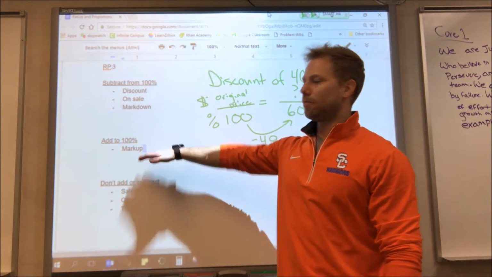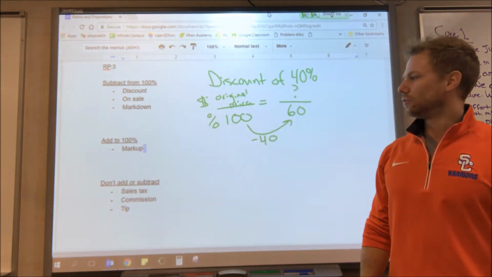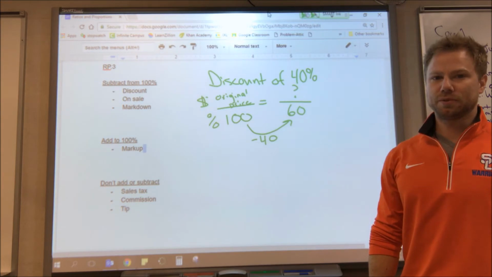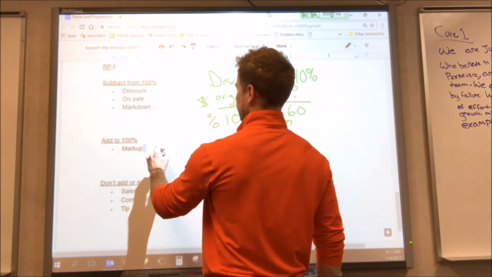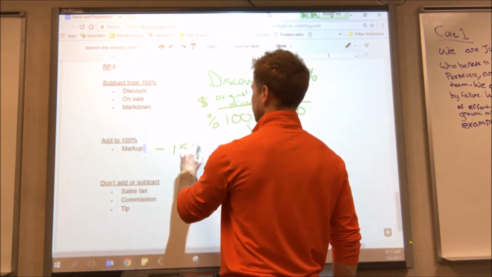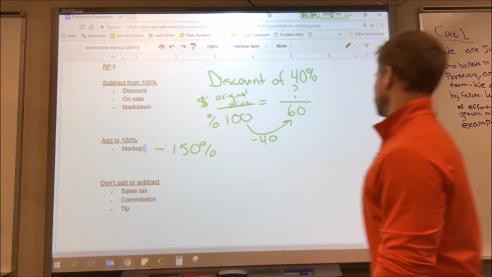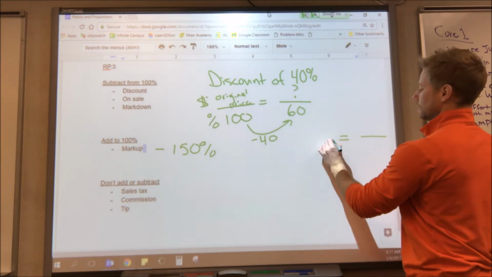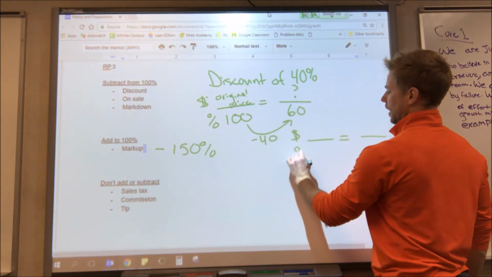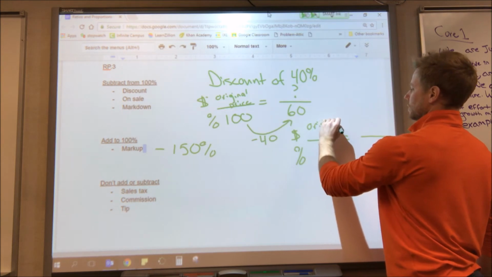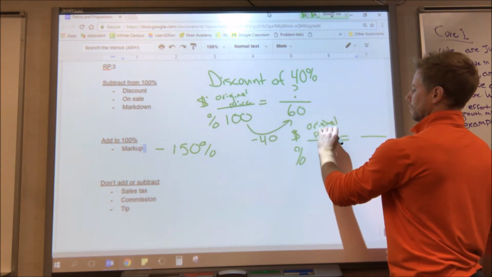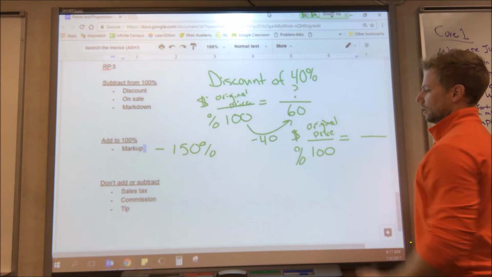Okay, if we have a markup, we're going to add to 100%. So let's say we have a markup of 150%. So again, I would set up my proportion. We have money and percent. We would put our original price over 100%.